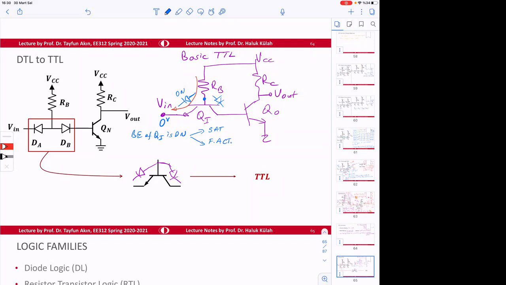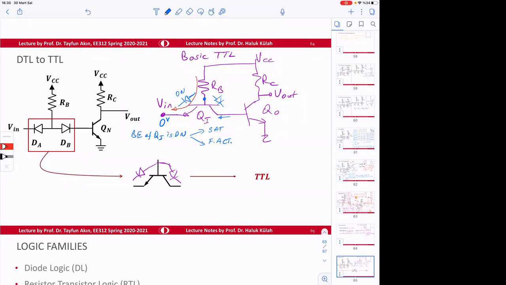So can it be forward active? Forward active means we need to have a current in this direction.